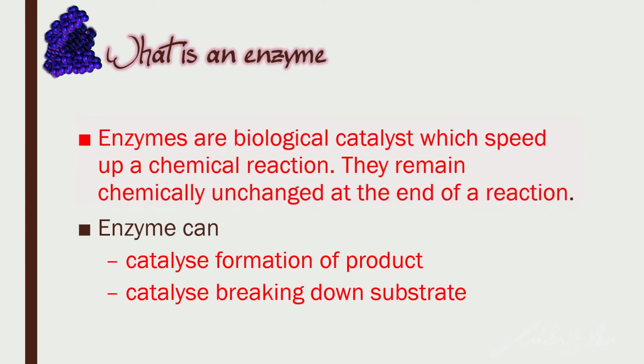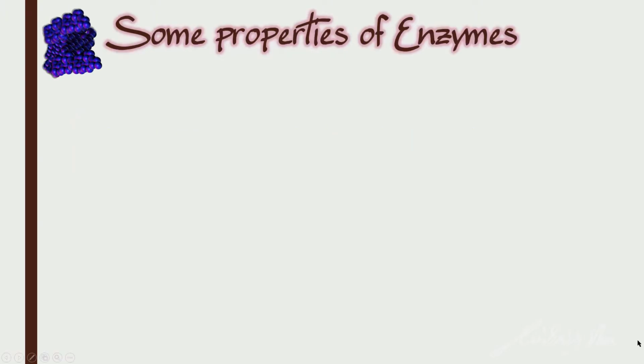So enzymes can catalyze the formation of product, or they can catalyze the breaking down of substrate. That means they can join two compounds or elements together, or they can also break compounds down.